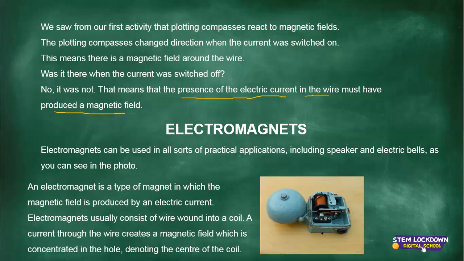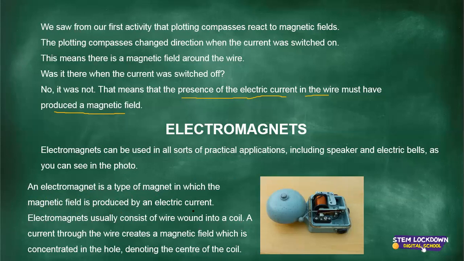An electromagnet is a type of magnet in which the magnetic field is produced by an electric current. So important for you to know is that an electromagnet is a type of magnet in which the magnetic field is produced by an electric current.